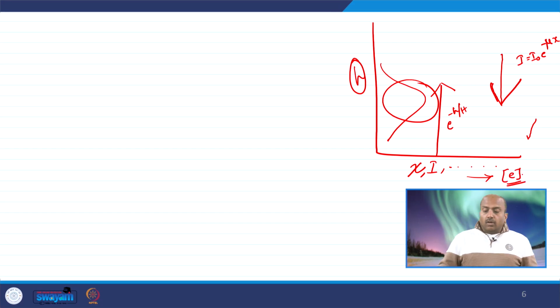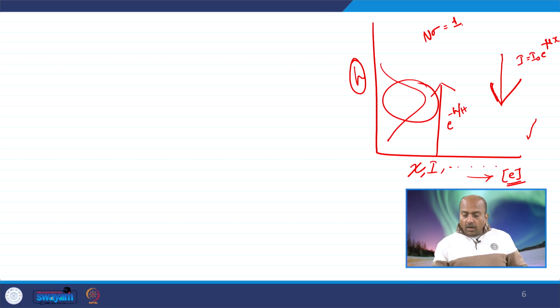Now, what I am trying to say is that the electron density shows a distinct peak, assuming that it is where n sigma is equal to 1, or we can consider that the entire radiation is effectively absorbed. Right. Now, this is a very standard, very simple picture. It is very easy for us to get convinced.